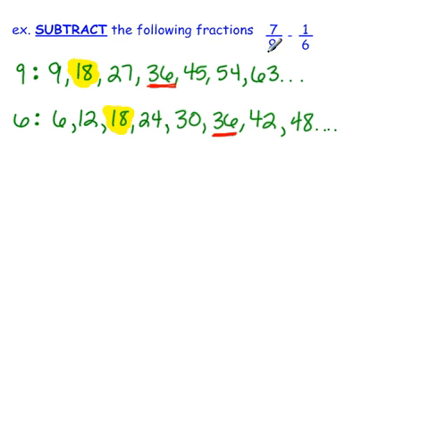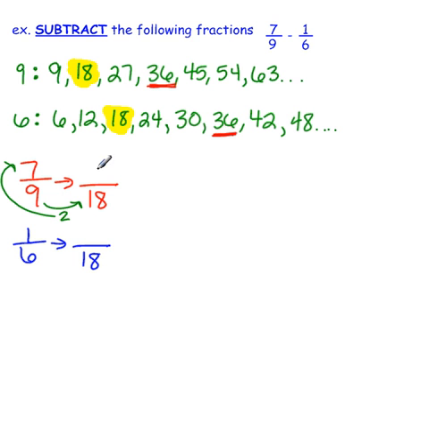So now we've got to transform both fractions. We've got to make 7/9 into a fraction that has a denominator of 18. And we also have to make 1/6 into a fraction with a denominator of 18. So let's do that. 9 goes into 18 2 times, and 2 times 7 is 14.